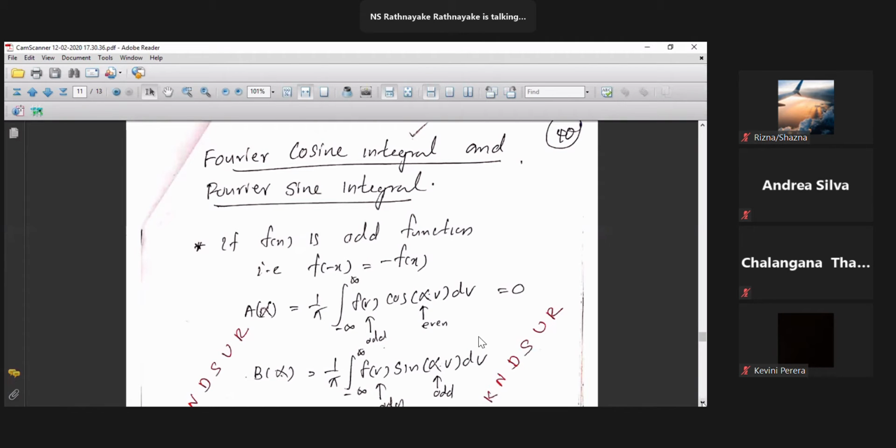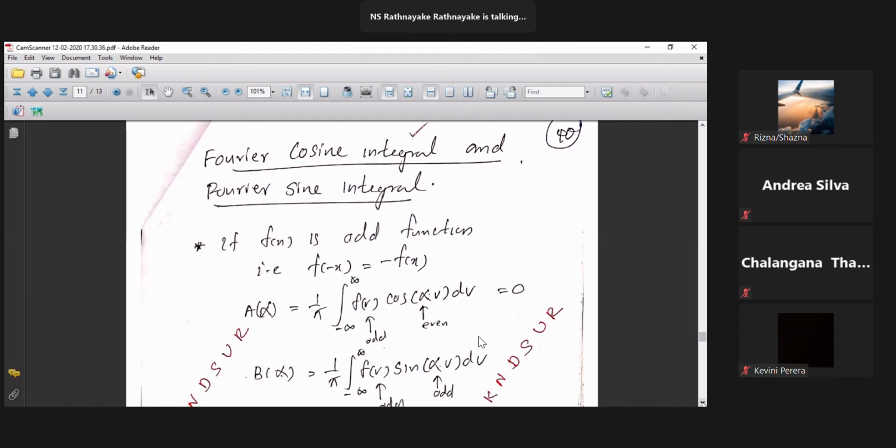I believe you have an idea of the meaning of an odd function, which we already discussed in second semester. But here I mention the meaning of an odd function as well as an even function. And again, you discussed the orthogonal condition for the Fourier series in second semester. Same concept, same definition, we are using here.